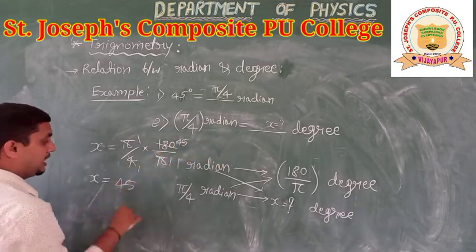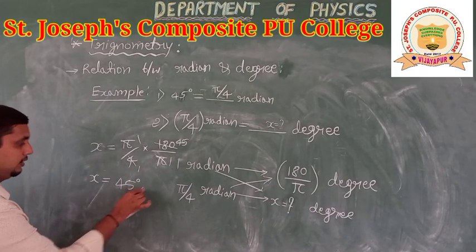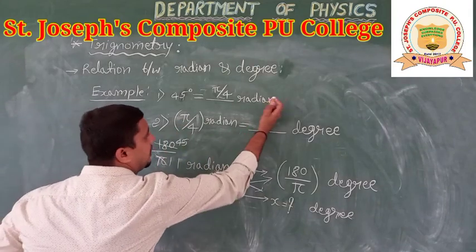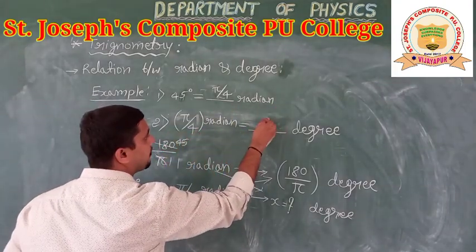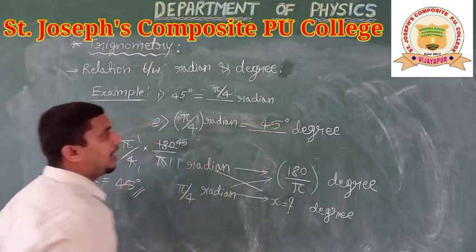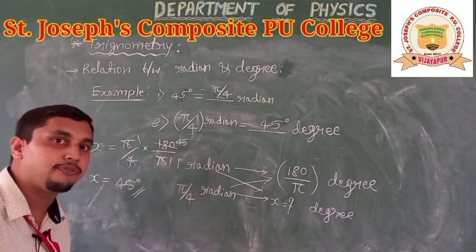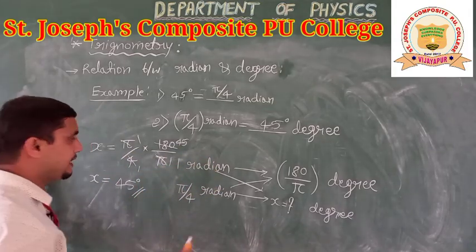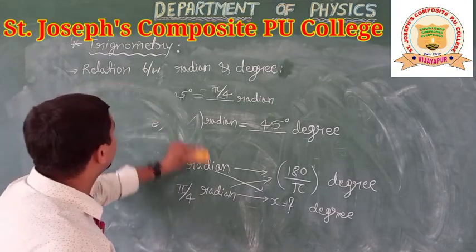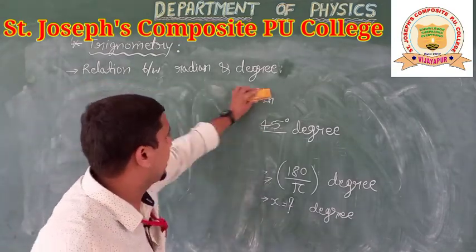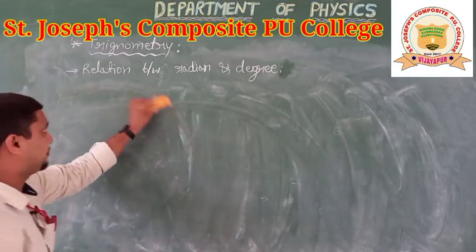You are converting in terms of degree, so the x value is 45. Therefore, the answer is what we already know: pi by 4 radian is nothing but 45 degree. I hope it's clear. So, this is about the conversion from radian to degree as well as degree to radian.